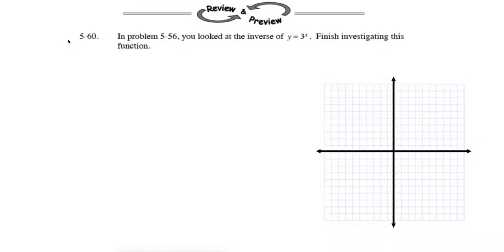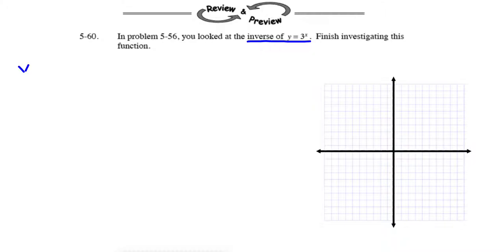Problem 560. In problem 556, you looked at the inverse of y equals 3 to the power of x. Finish investigating this function. Just to make sure we're emphasizing here, we're looking to finish investigating the inverse of y equals 3 to the x.